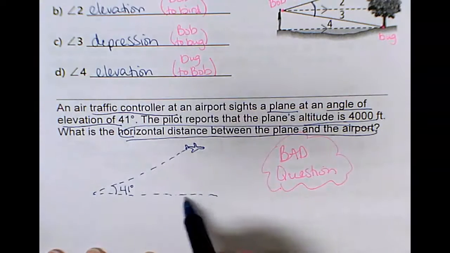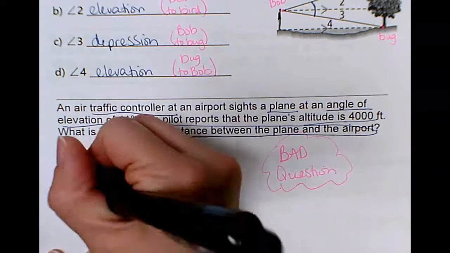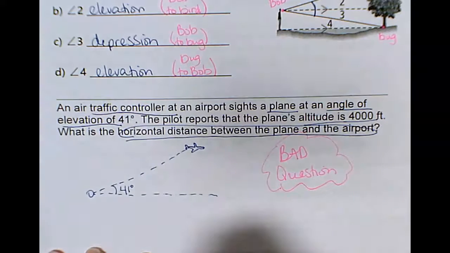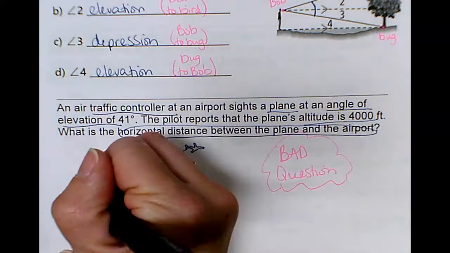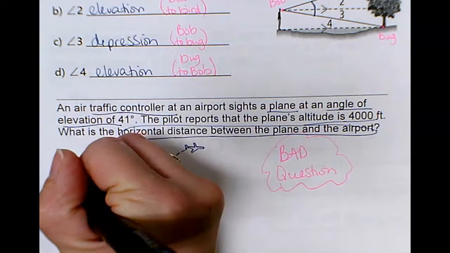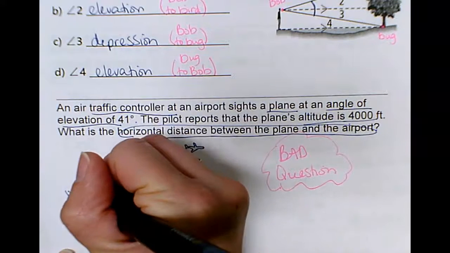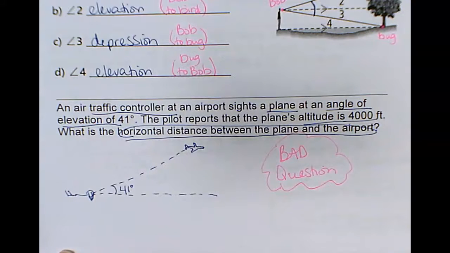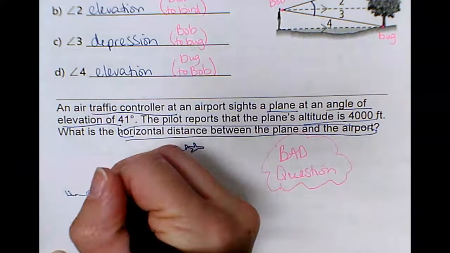So I would need to know this distance. However, this air traffic controller that's sighting this plane, is the air traffic controller on the ground, laying on his belly? Or is the air traffic controller in a tower?